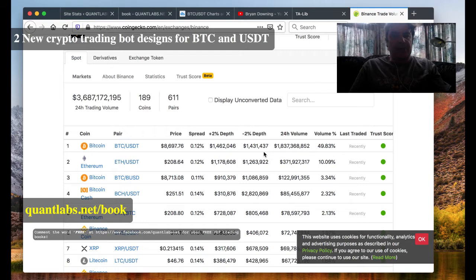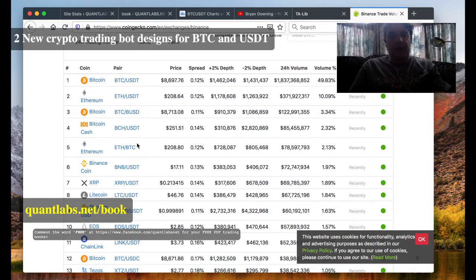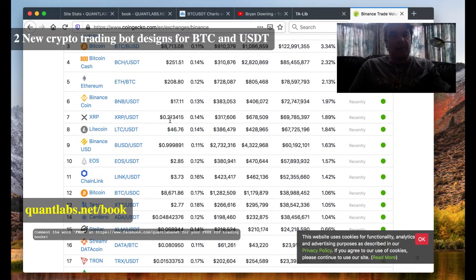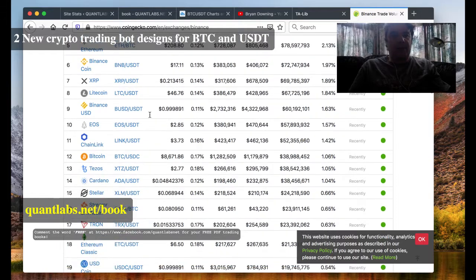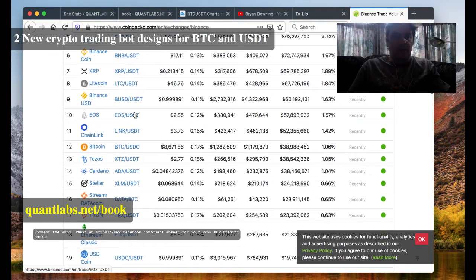Then maybe you might get Ethereum, Bitcoin Cash. And notice here, it's no longer just Tether USDT, you also could factor in BUSD, which is Binance US dollar, so be aware of that. Then you have a few other coins you can watch, and usually Chainlink and Tezos come up as well.